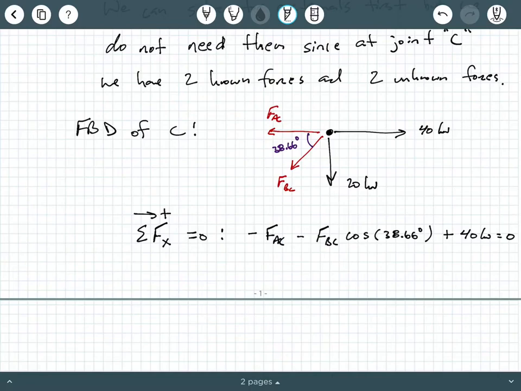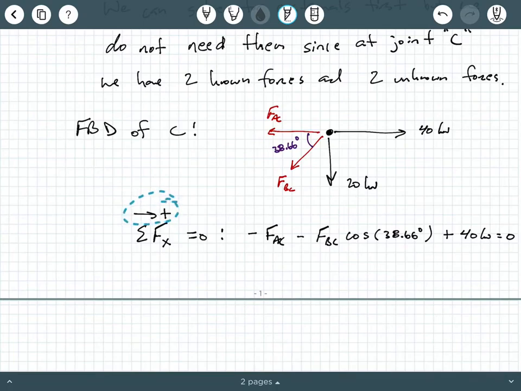Well, no. We actually have two different sign conventions that are working together, and that's important to understand. One sign convention is assuming a tensile effect, which means that the forces are pointing away from the joint. That is tension, and we call tension positive. That is one sign convention. The second sign convention that's in play here is what we call positive in terms of directionality, which is defined by this little guy right here, okay?